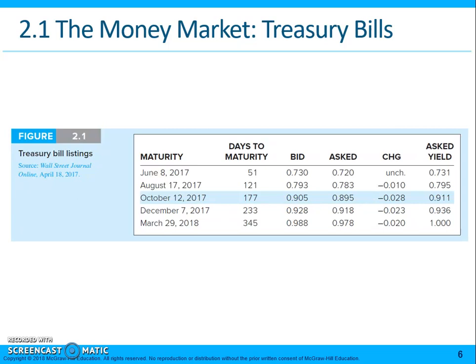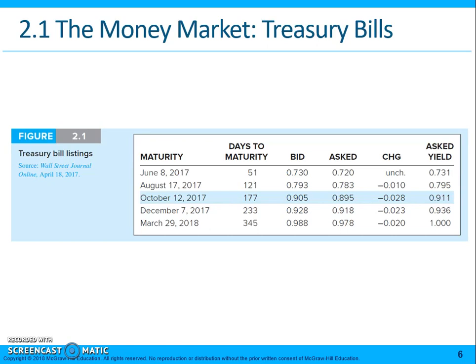Those are the days to maturity, meaning that in 51 days, or in this example on June 8th, if you purchased it on April 18th, you would receive the face value of that security.